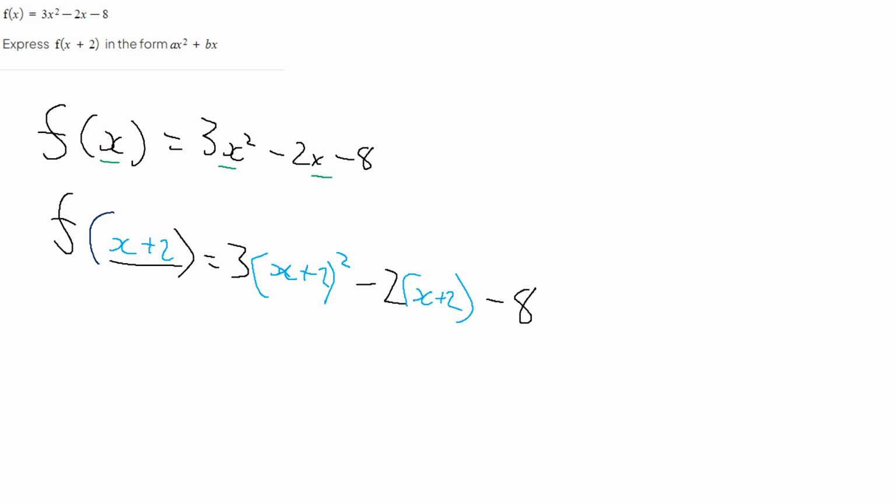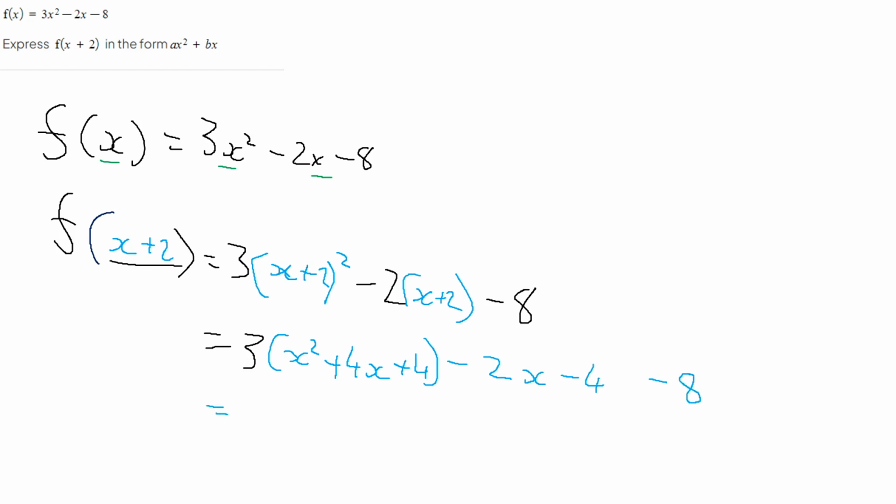And now we can simplify what this is. So it's 3 times, when we expand that, x squared plus 2x plus 2x, 4x, plus 4, minus 2x, minus 4, minus 8, yeah?